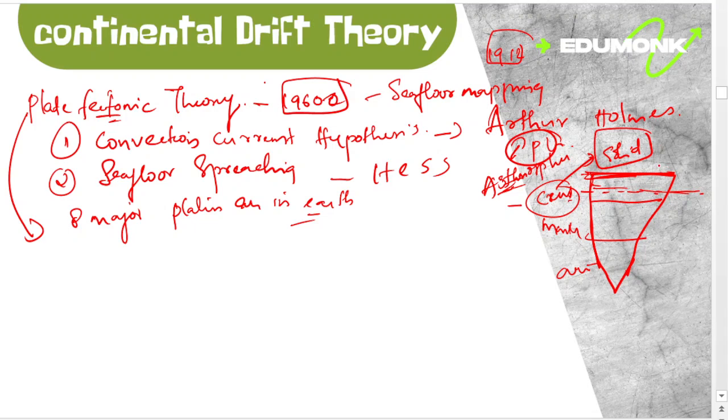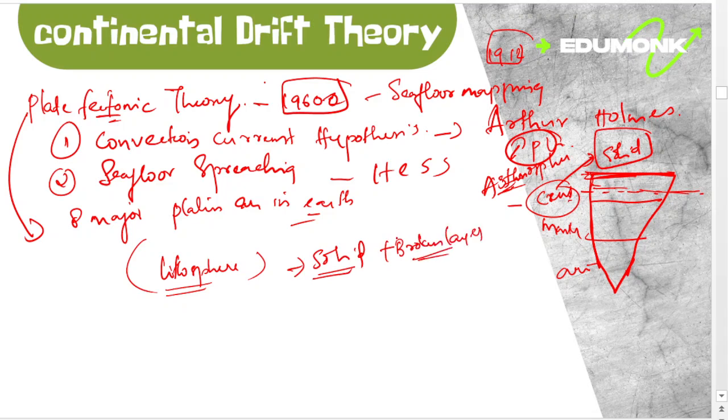According to this plate tectonic theory, the lithosphere or crust is a solid and broken layer, so that it is moving above the asthenosphere.